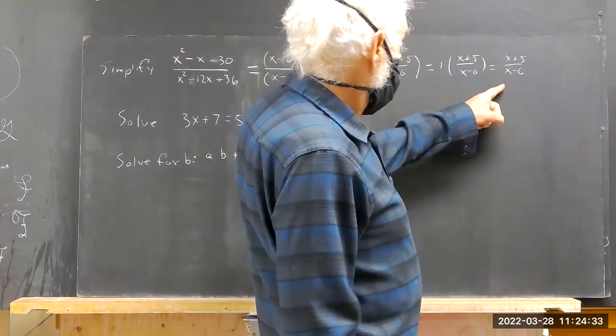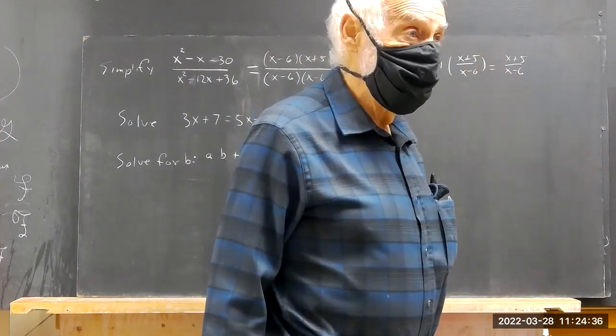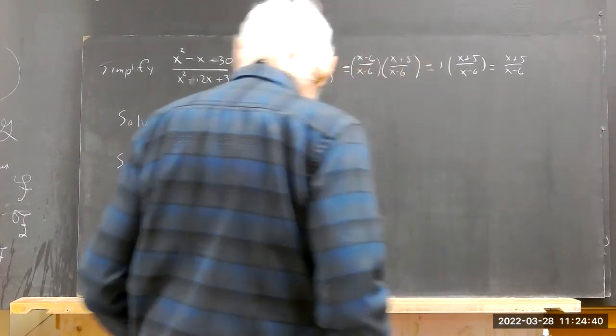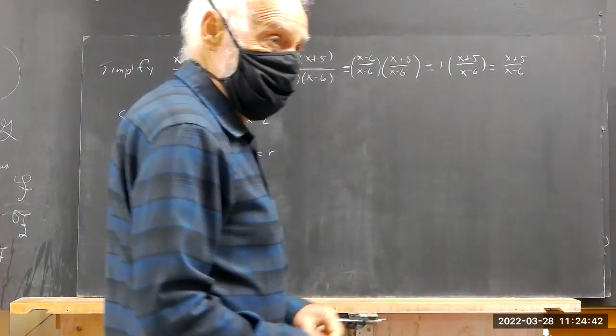People will then cross out the x's and tell me we got -5/6. Okay? Why I don't like cancellation.